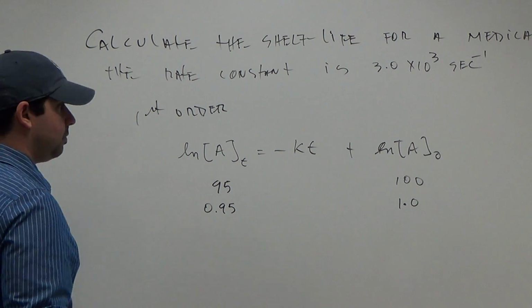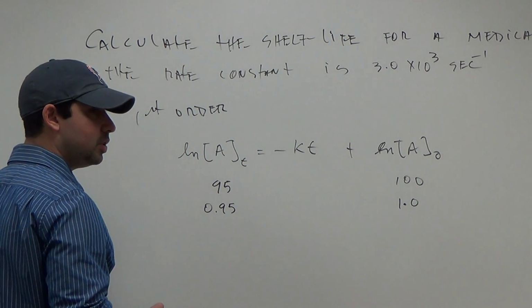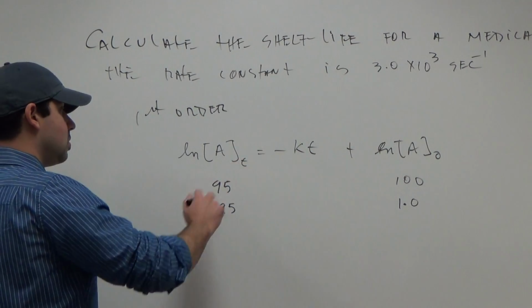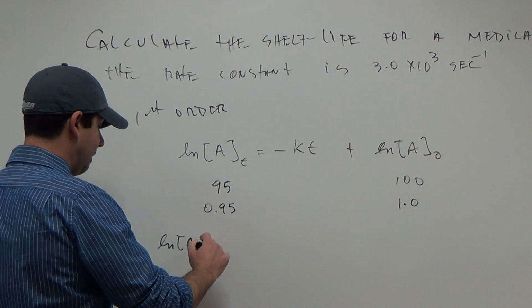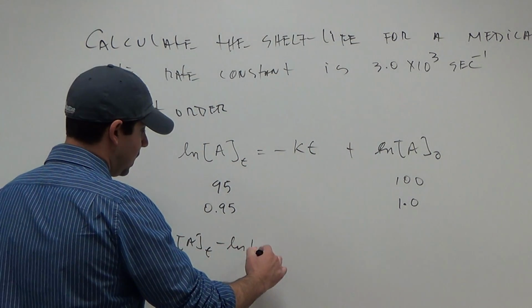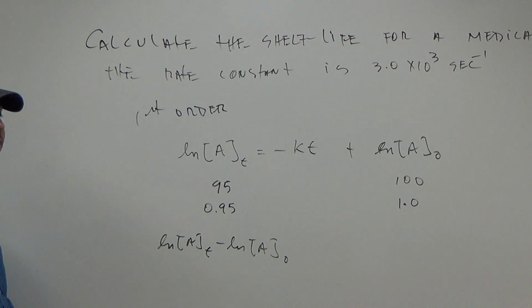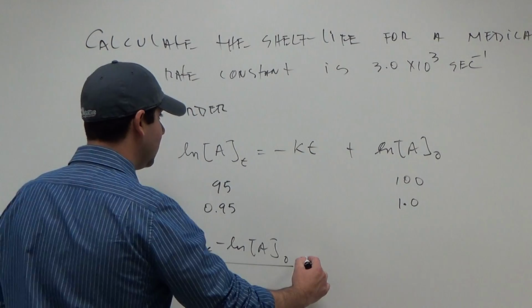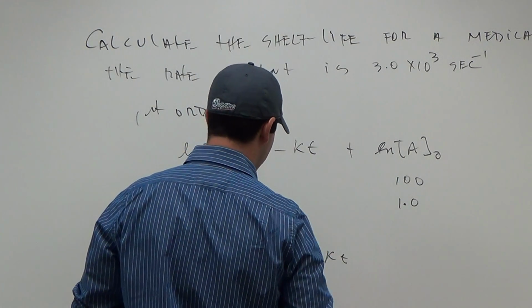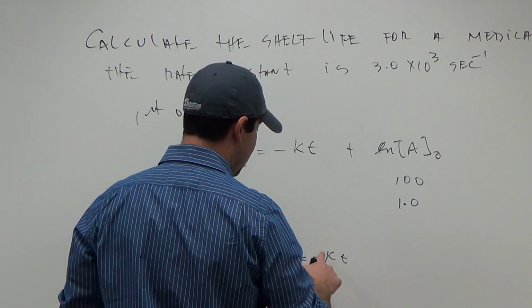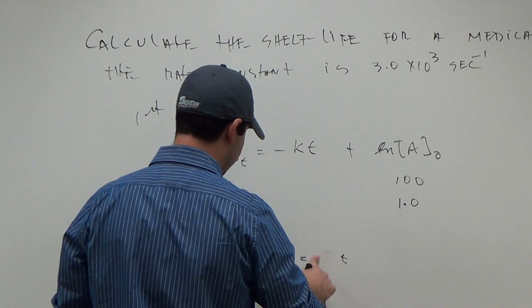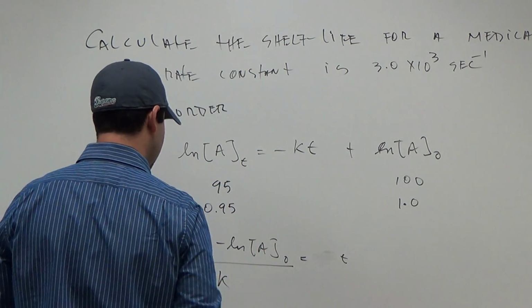So, here's what we're going to do. We're going to solve for these things, yes? So, ln of At minus ln of A0. Is that good, yes or no? Divided by minus k, yes? Minus k on this side.